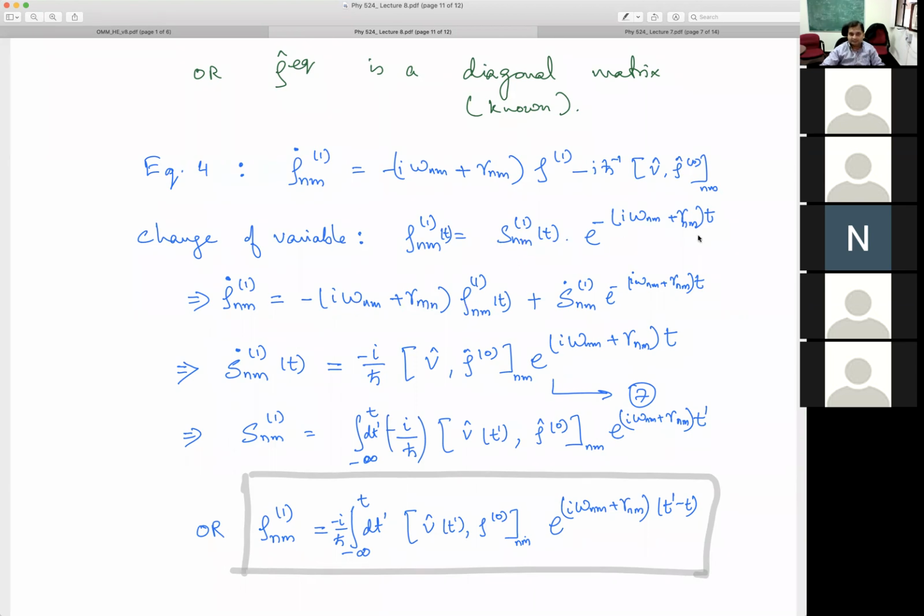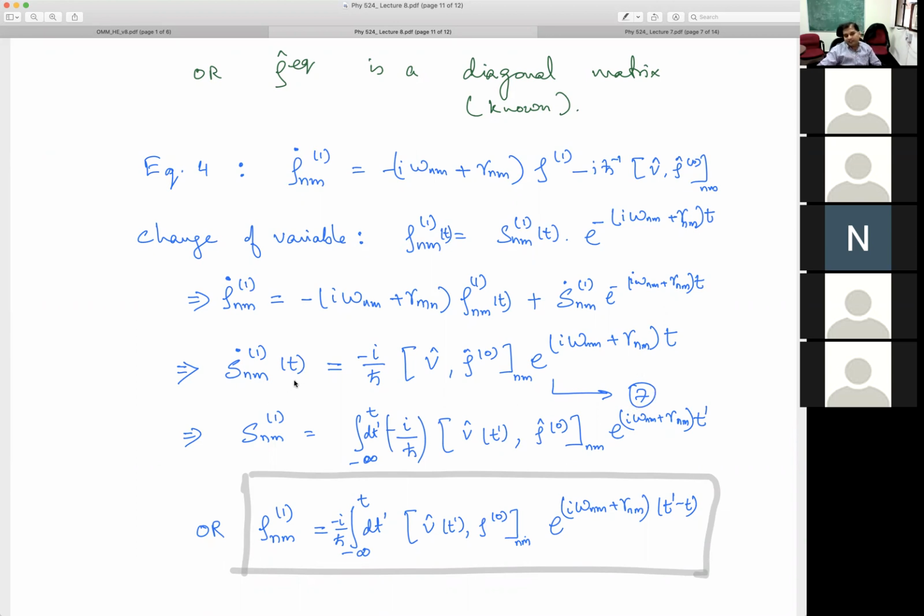And then I'll be left with this term, which is just rho nm1, plus the derivative of snm, snm dot, times e to the power i omega nm plus gamma nm t. Now if I substitute in this equation, I will immediately see that the first term and this term cancel out, so I'm just left with this term and the last term. I just send the exponential part to the right hand side, and I'll immediately end up with this particular equation, which is equation 7.